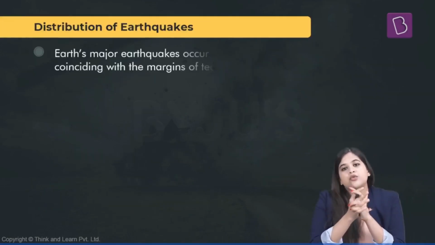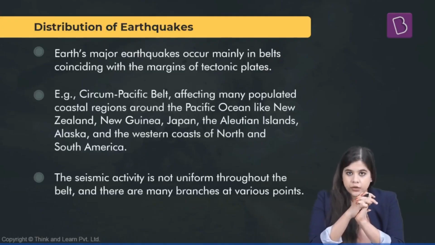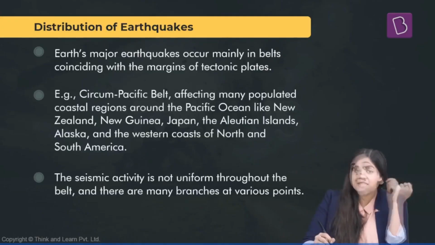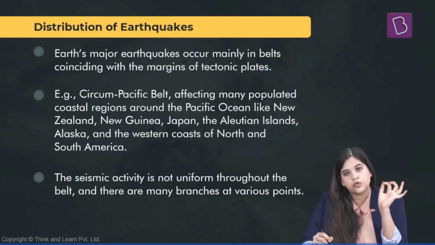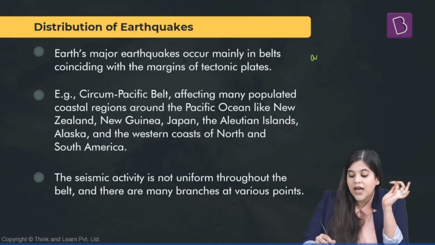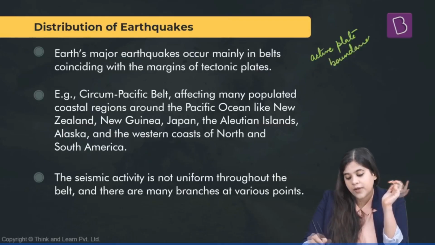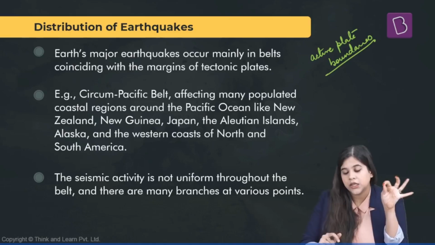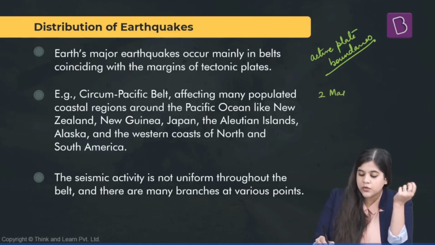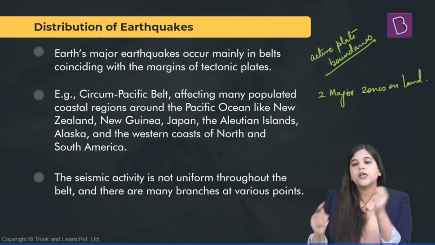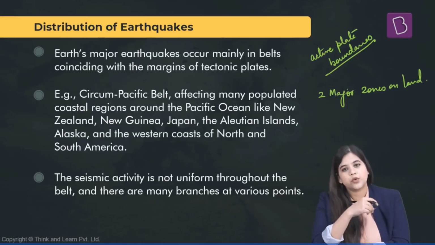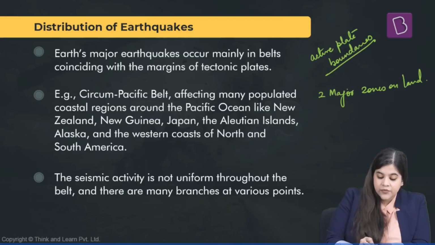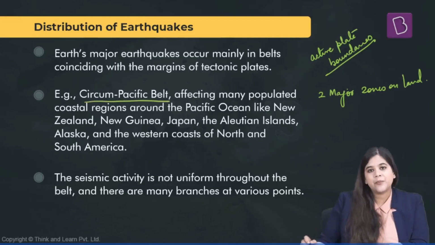How are the earthquake zones distributed across the earth? Now, as I've already said, most of the earthquake prone zones are along the active plate boundaries. So on land, there are two major zones where the earthquakes have been distributed. First is the Circum-Pacific Belt.